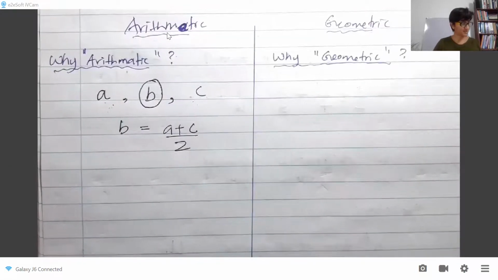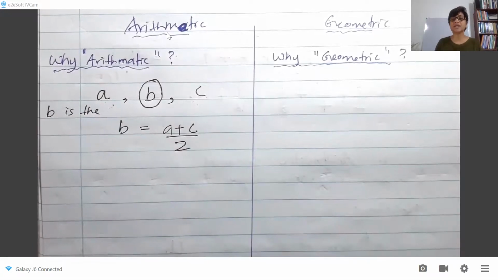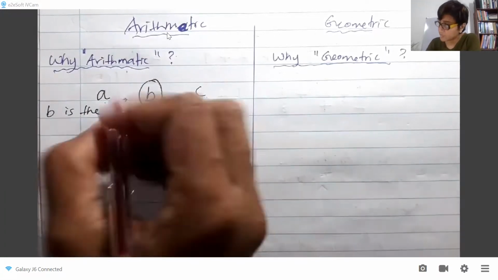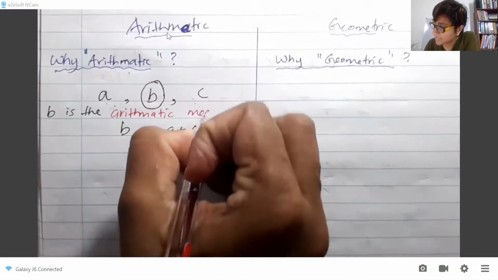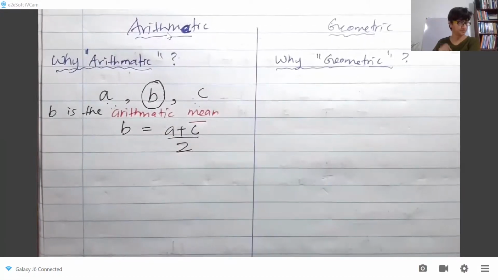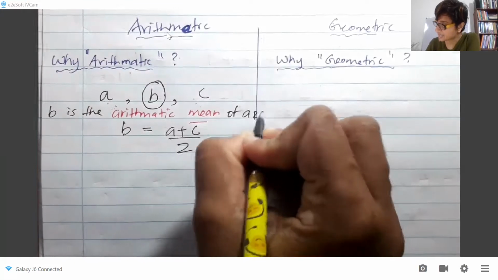Now you write: there is an interesting relationship among any three consecutive terms of an arithmetic sequence. Then you write A, B, C, and then you say B is the arithmetic mean of A and C. Mean means average.